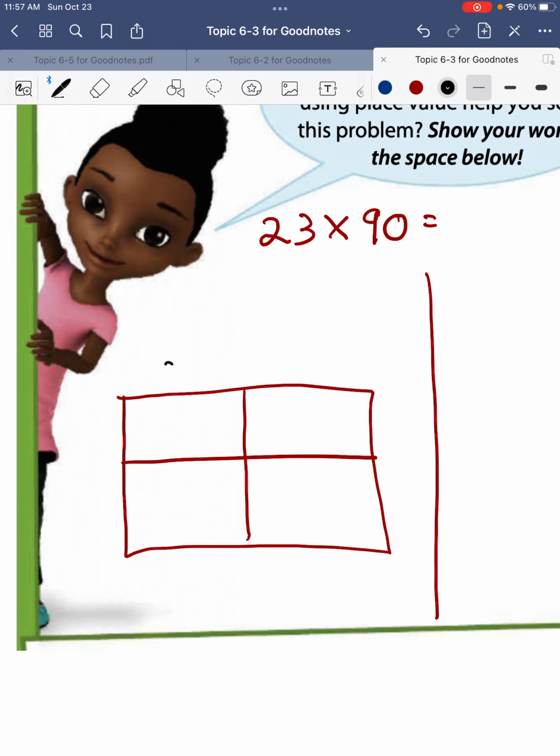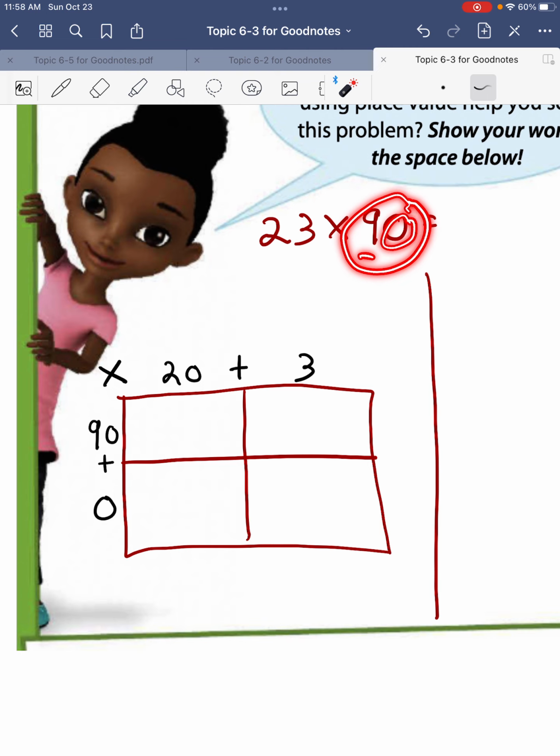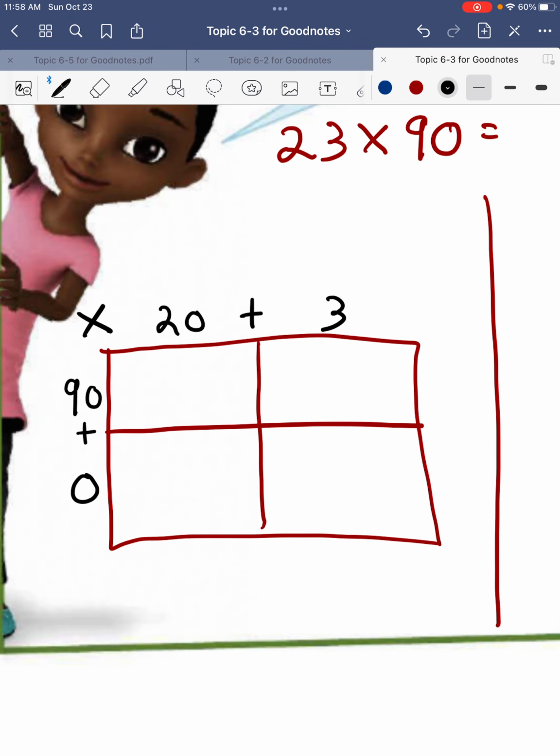So I have 20 plus 3, and then I have 90 plus 0, and I can put my multiplication symbol on the side. Okay, so remember, whenever you have a digit with a 0, you cannot expand it. It's already expanded, so you just put the 90 here plus 0.